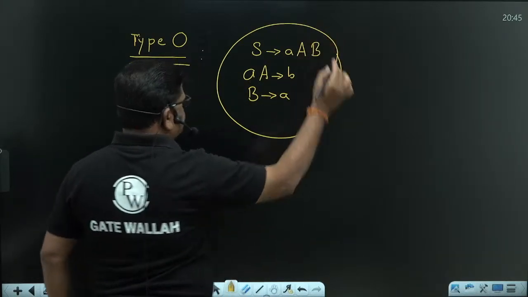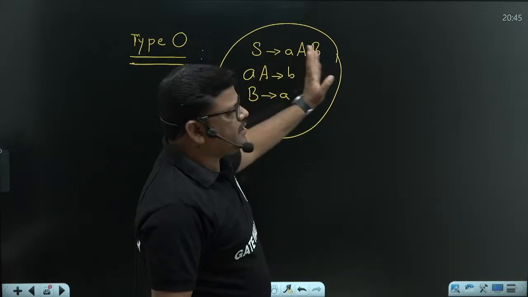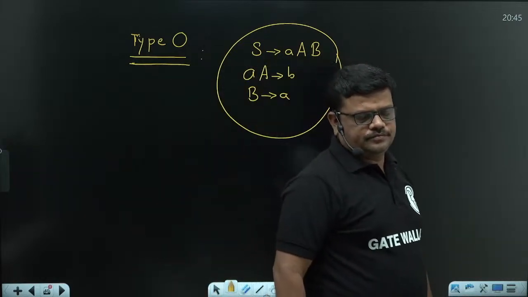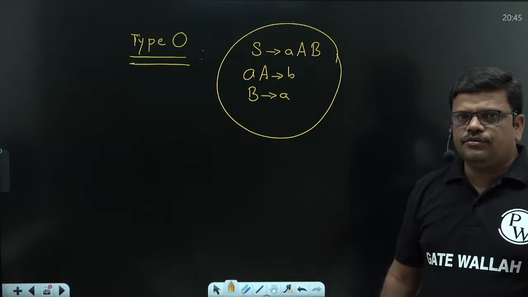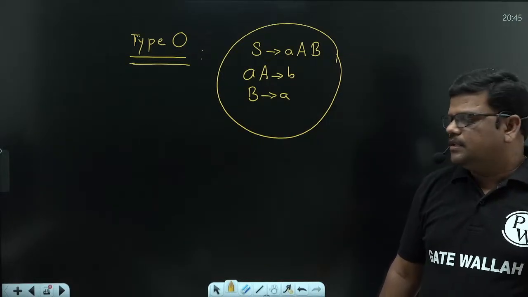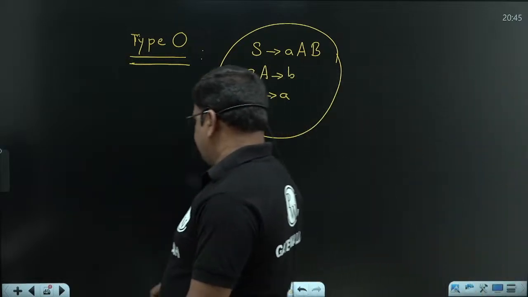This is one of such grammars. Non-terminals and terminals are allowed on the left hand side and on the right hand side, any number of them. Such types of grammars are called type 0 grammars.